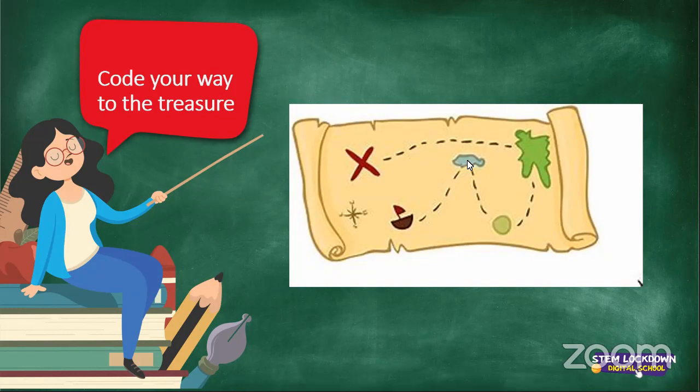Okay, yes, it needs to follow 5 steps. Otherwise, it's going to get stuck just before the destination. So let's count how many steps it needs to follow from the rock, the gray rock, to the patch of sand.